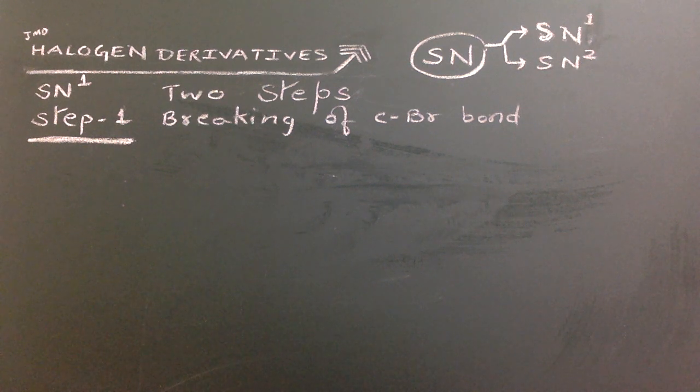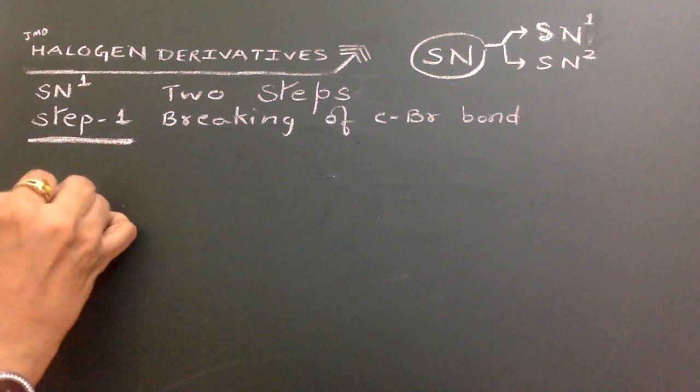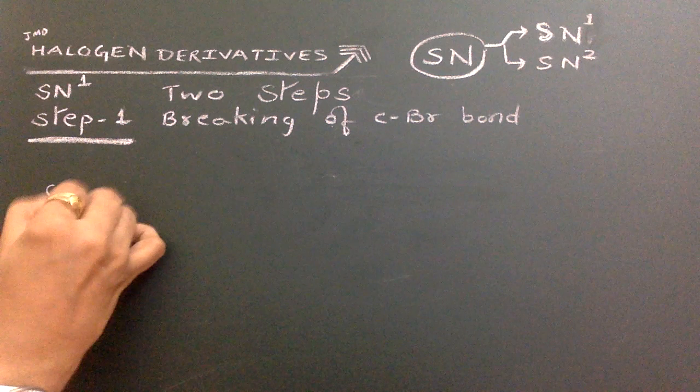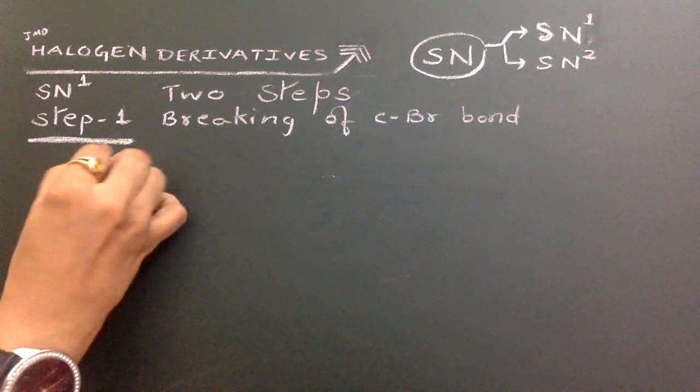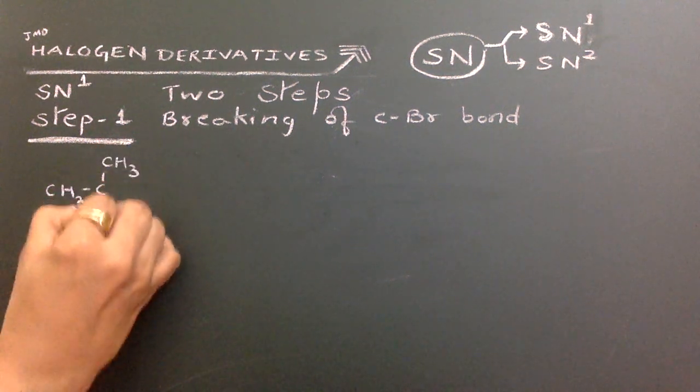Why and how does the CBr bond break? Let us see that. As we know, here we are taking tertiary butyl bromide.